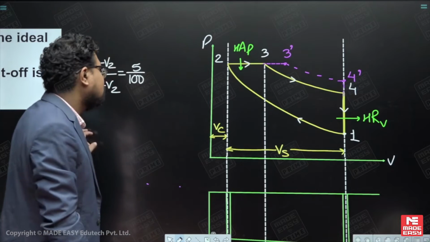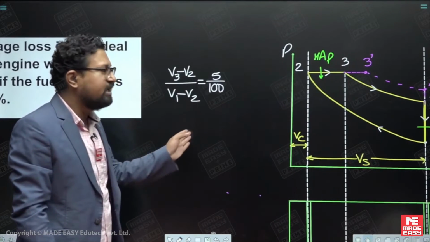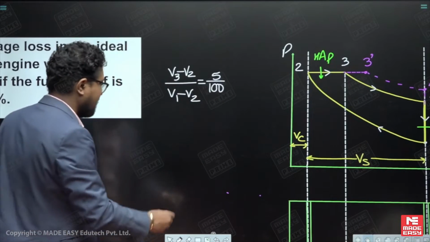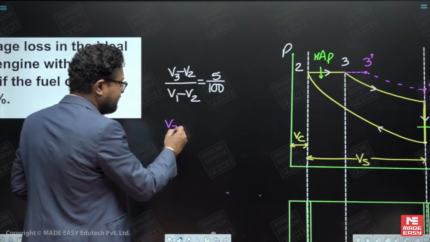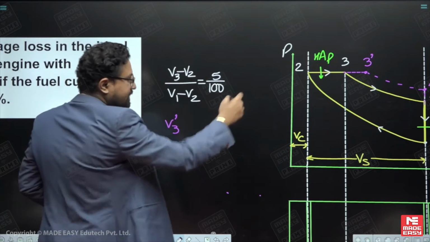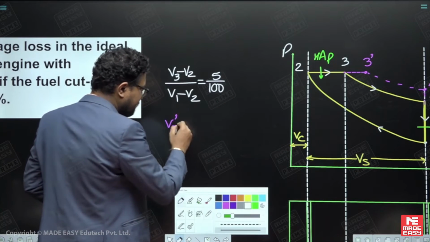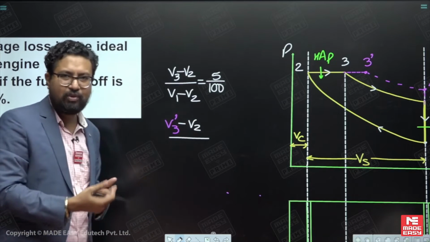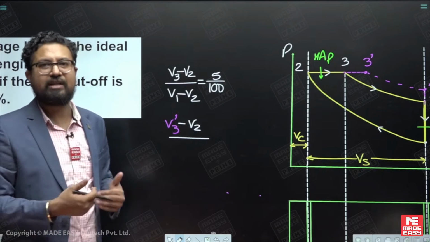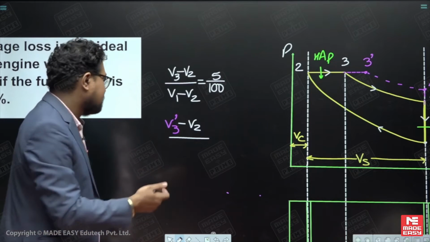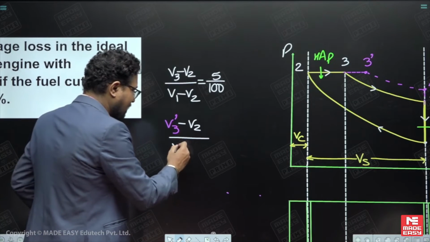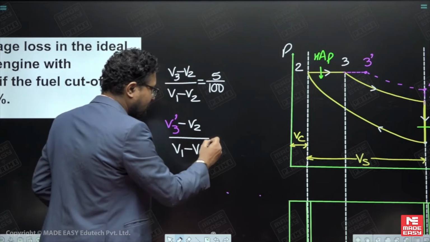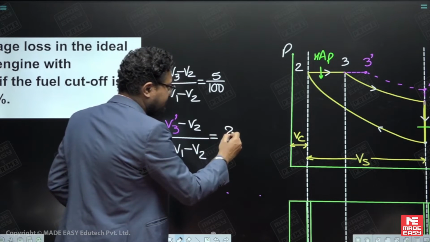So for the new cycle we will have V3 dash minus V2. This volume is the volume of the fuel injection or the heat addition at constant pressure, and this upon the stroke volume is equal to 8%.